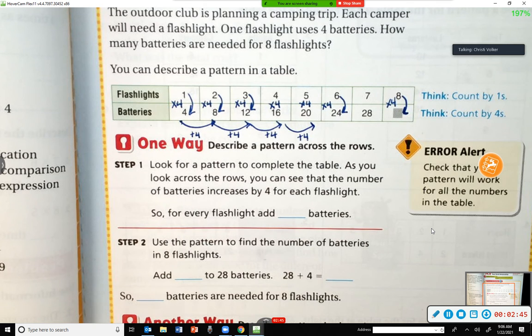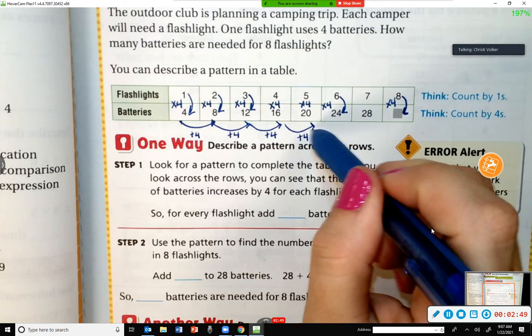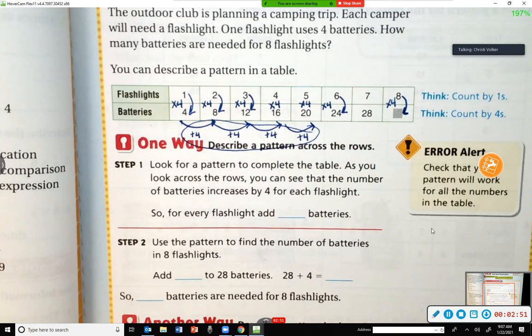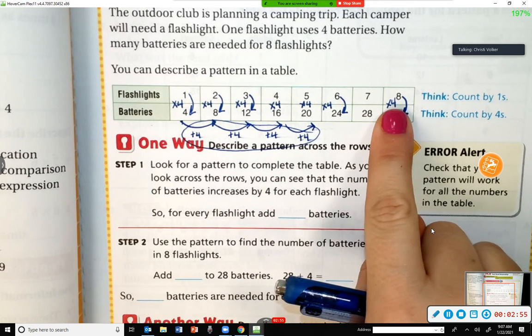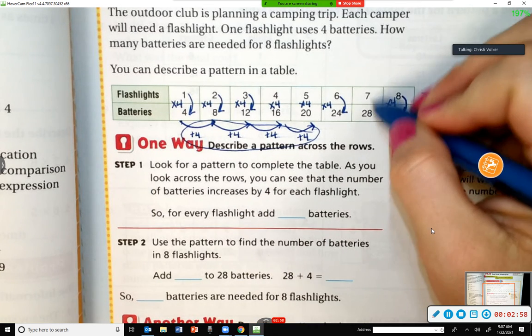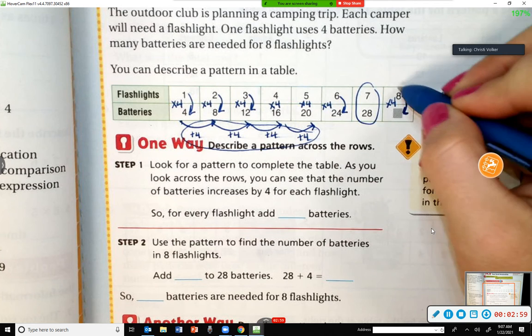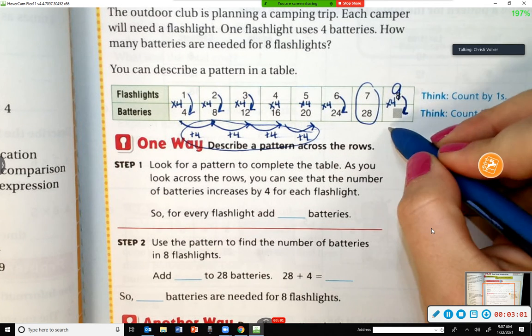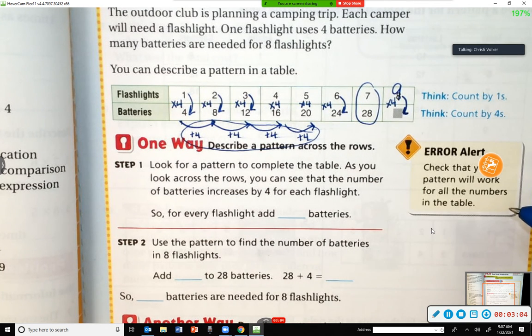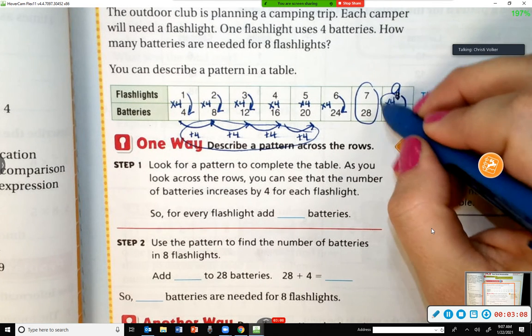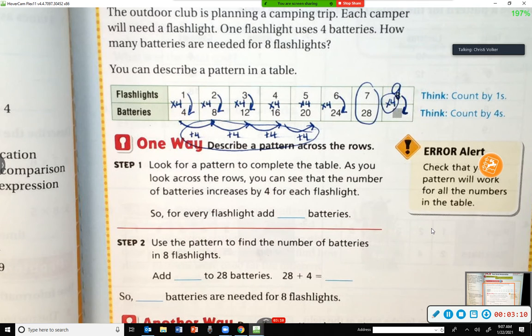Yes. Okay, the only reason I don't really like to do this when we get to tables is because they'll start to skip around up top. They may put a 7 here and then skip to 9, and then if you just add 4, you would end up getting it wrong. So that's why we like to know the other way too, to multiply.